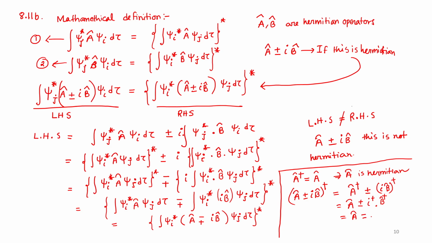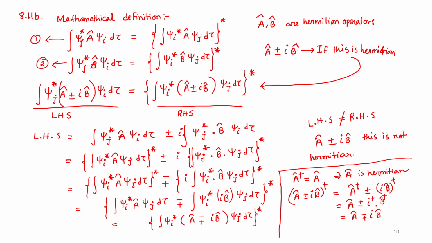So that will eventually lead to minus plus i, and B dagger is B because B is Hermitian. So again you can see, if you take a Hermitian conjugate of A plus minus iB, you are going to get A minus plus iB, which is not the same as the operator you started with. So this is not Hermitian.